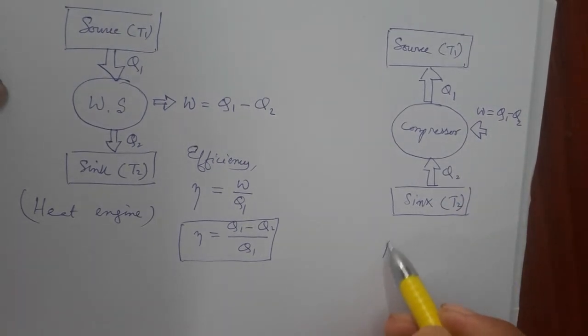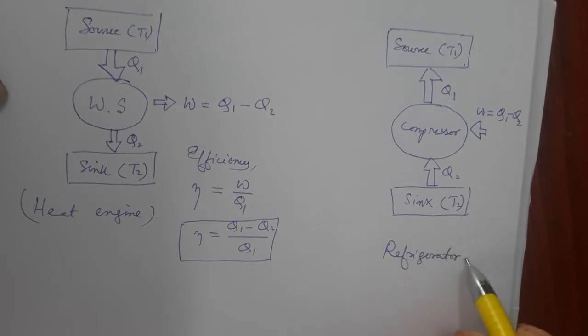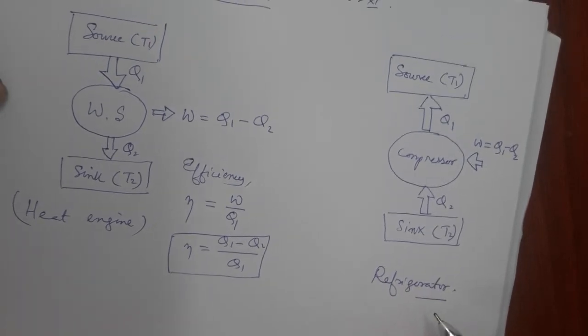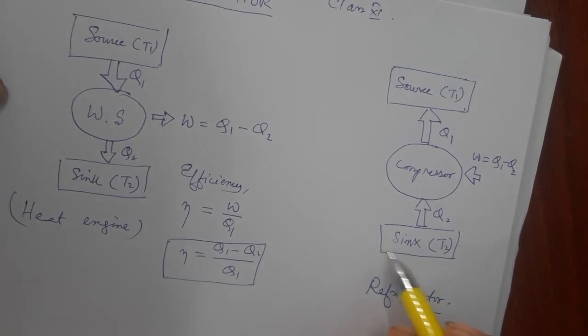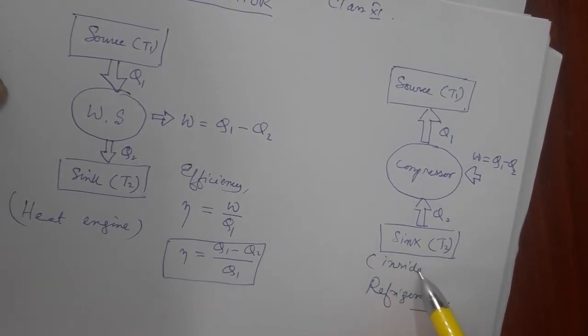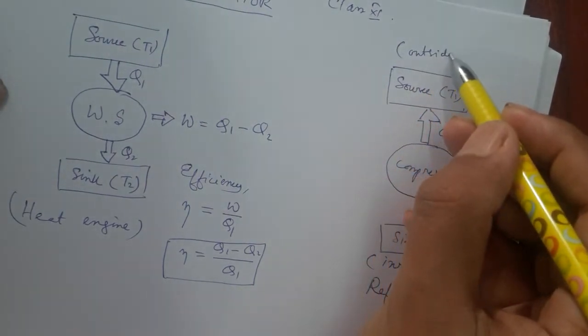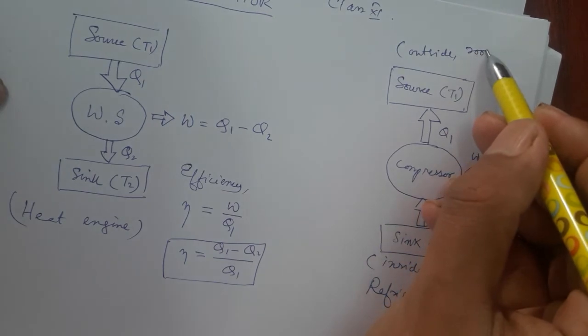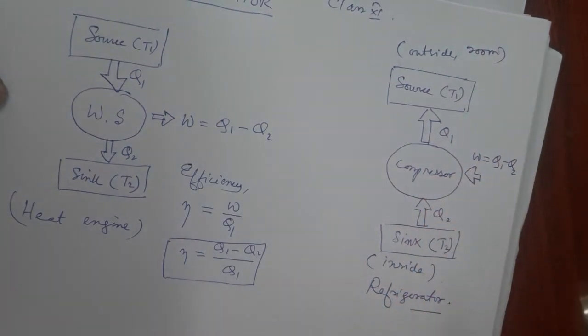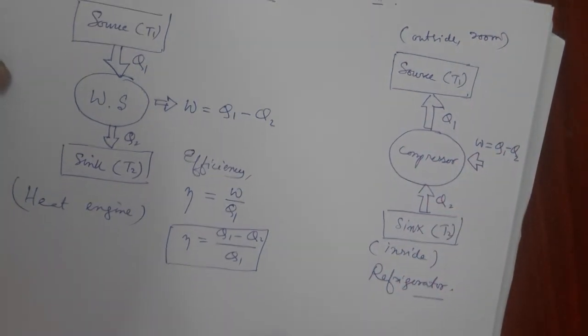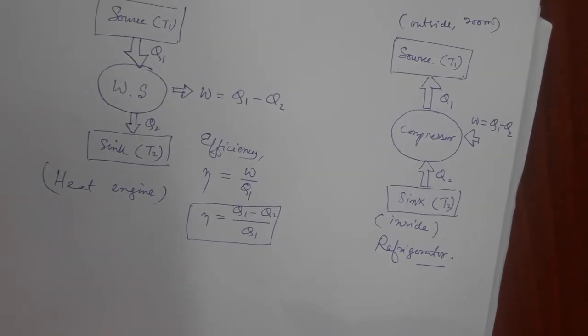And this is the block diagram for refrigerator. And actually this part represents inside the refrigerator, and this one is outside. Outside means like the room where the refrigerator is kept. Okay.